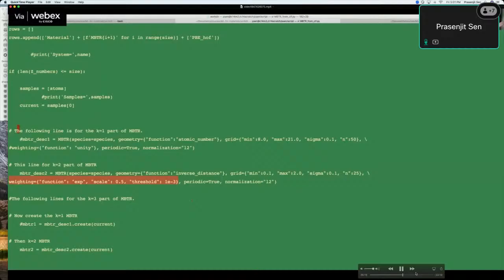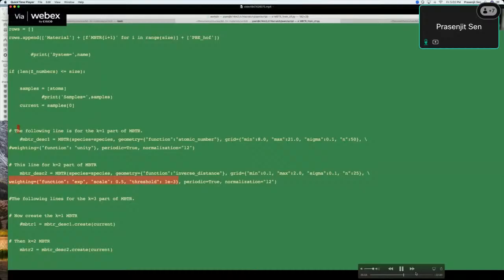If they're too far apart, so that this exponential function is less than 10 to the minus 3, then we don't consider their contributions. And we are periodic. We normalize a particular MBTR, etc. So you can check the describe documentation to understand further details. And this weighting is what function you are using; probably they now have more options than exponential, so you can check it, but we're just going to do it with exponential.